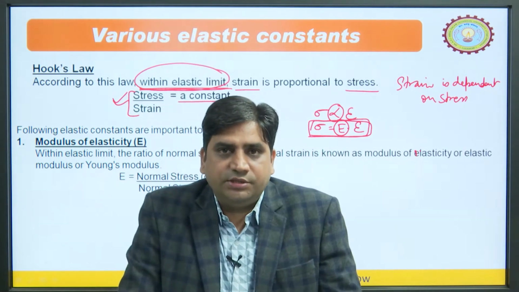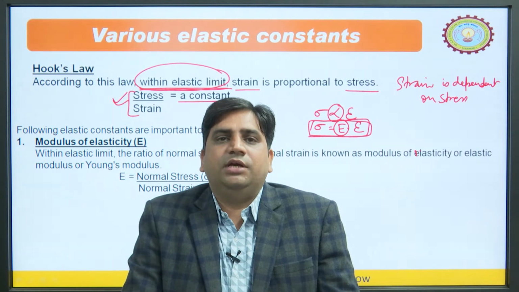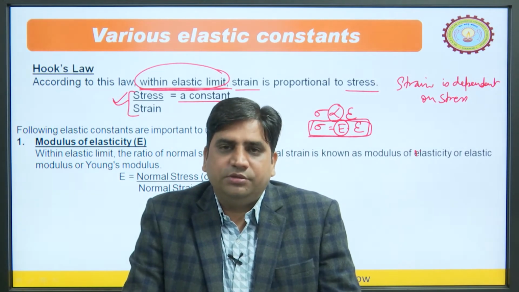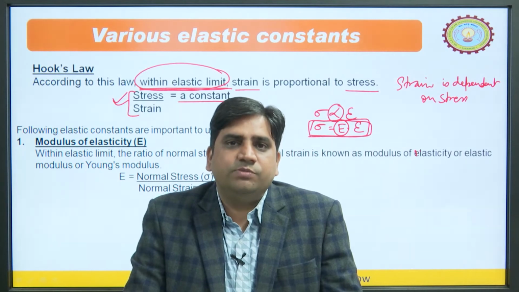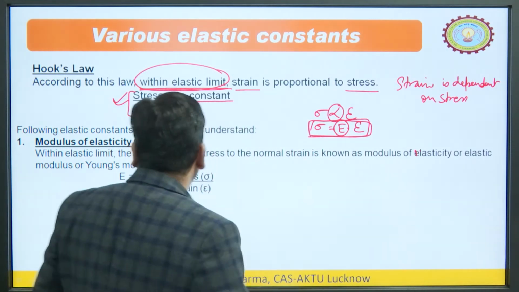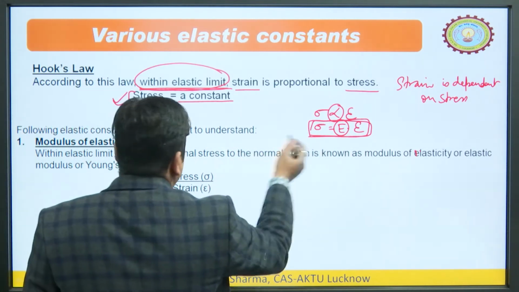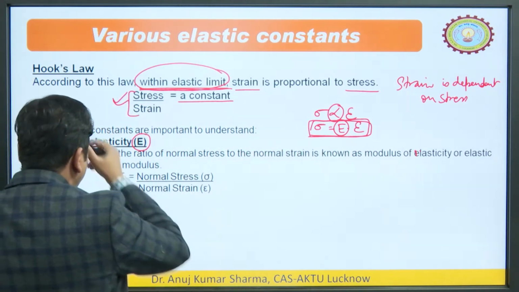The first elastic constant is modulus of elasticity. It is also known as the elastic modulus, or sometimes the Young's modulus, represented by capital E. It is derived from Hooke's law.